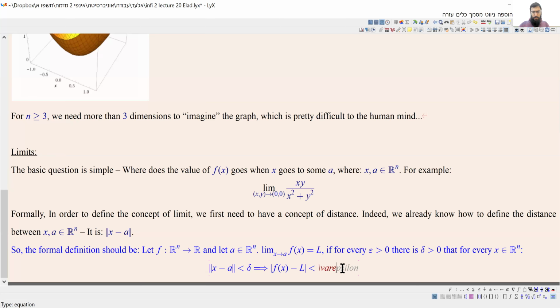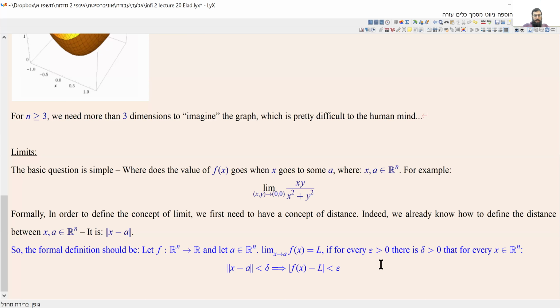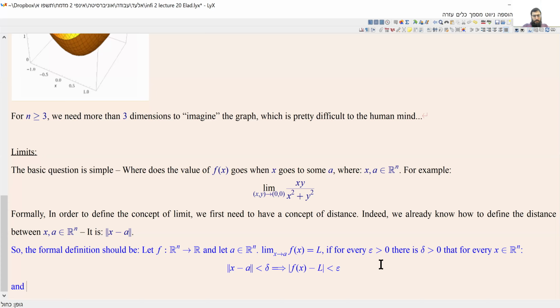And yet again, between f and its limit, I can write down just the absolute value because f is a number in R, but the x and a are vectors in Rn. And one can use the sequence, the Heine phrasing, using sequences.